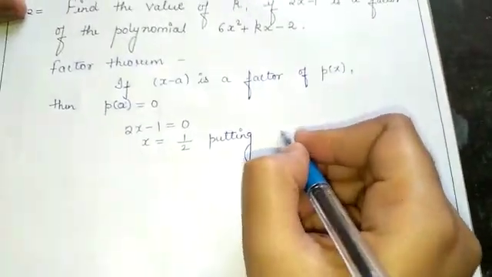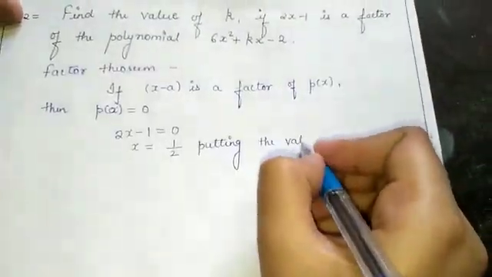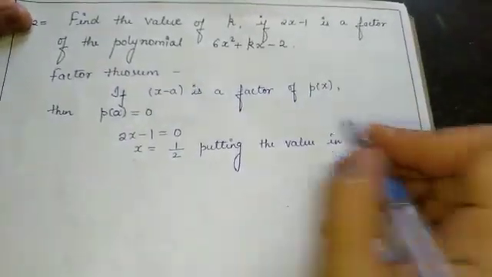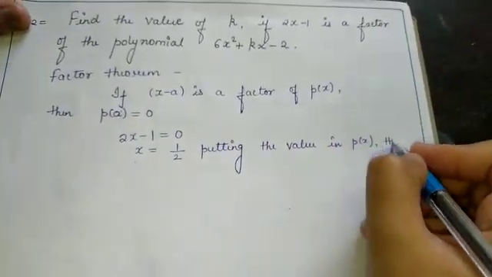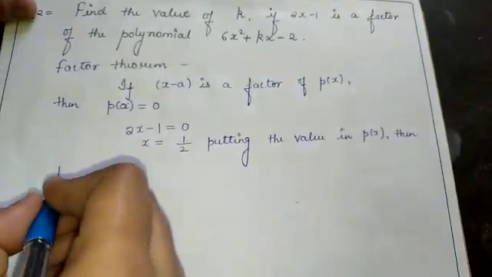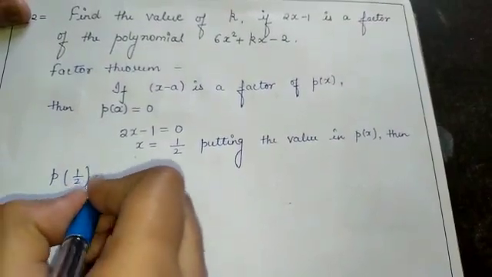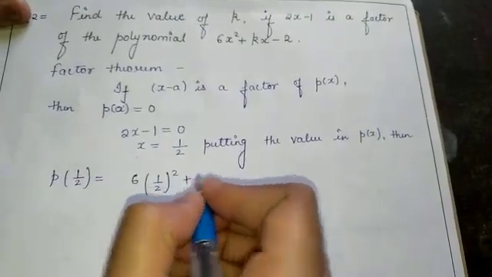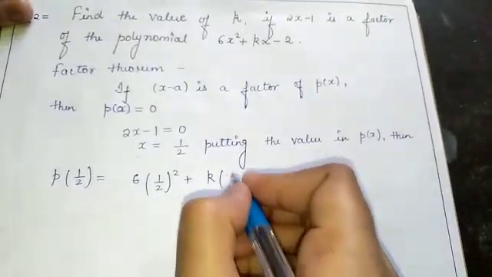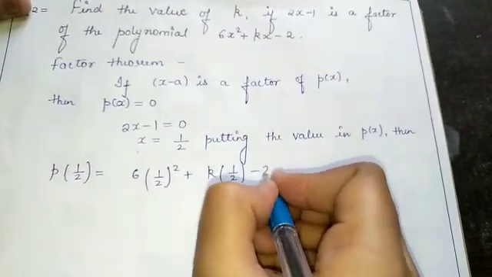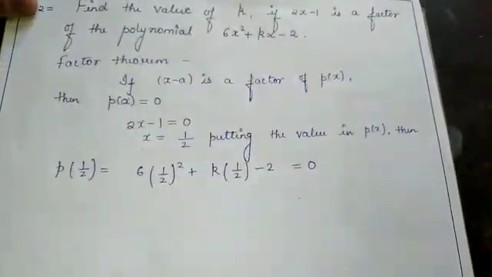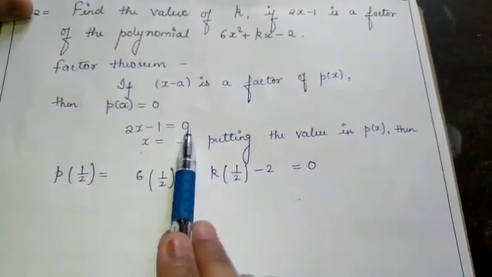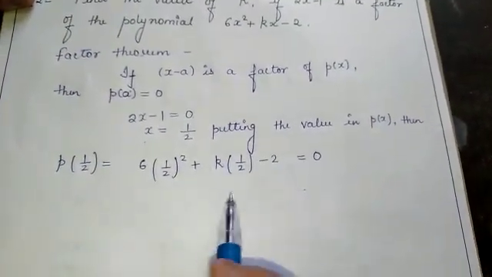Putting the value in p(x), then p(1 by 2) is equal to 6 (1 by 2) square plus k (1 by 2) minus 2 is equal to 0, because this is a factor of the polynomial.